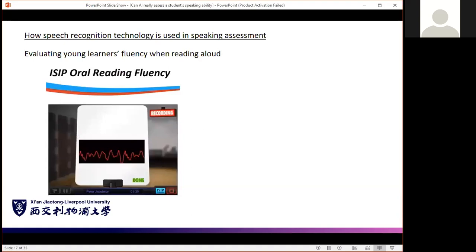So you've got the controlled input, which is the text. So the machine knows what to expect, and then it judges the delivery, basically, of the transcription that it already has. So it's quite a controlled way of assessing speech.